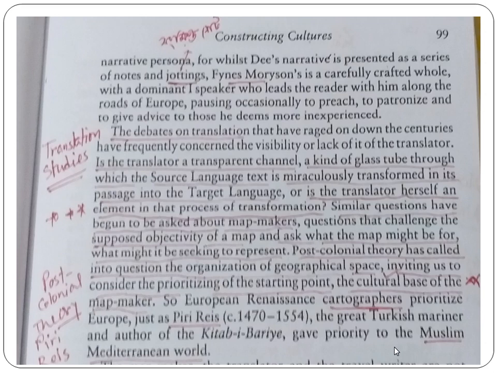That means Hector and Achilles got the same treatment from one epic writer, Homer. In the same way, translation should be objective. But is the translator herself an element of the process of transformation?